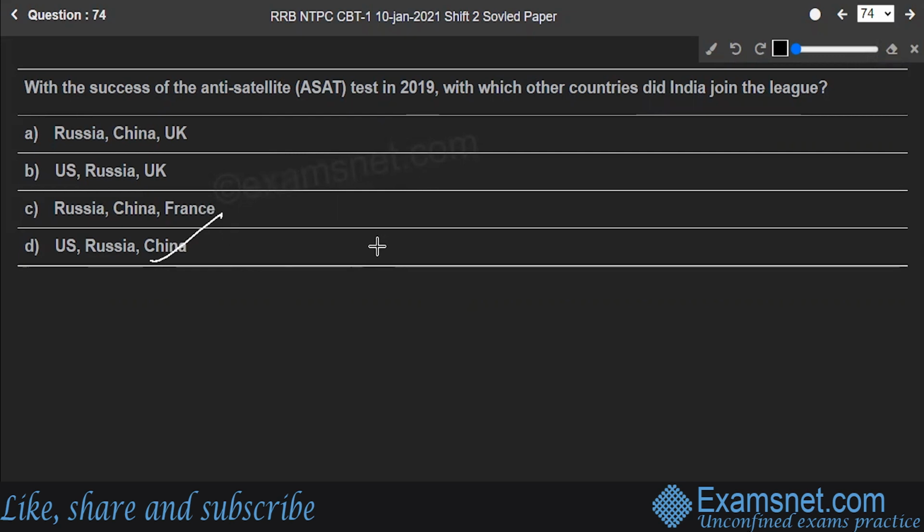Mission Shakti was India's first ever anti-satellite missile test, which was successfully conducted on 27th March 2019 from Dr. APJ Abdul Kalam Island in Odisha, where a fast-moving Indian orbiting target satellite in low Earth orbit, LEO, was neutralized with pinpoint accuracy.